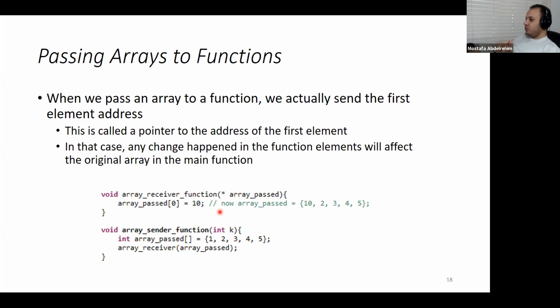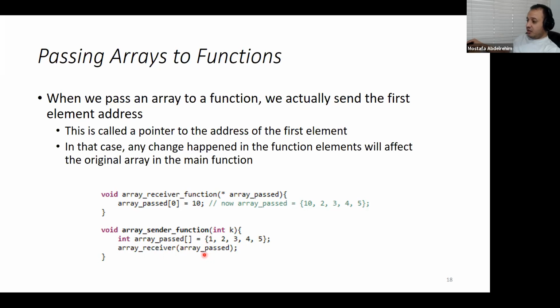So for example, in here, when you do that, you take this and make any normal operation, array passed of 0 or 1, whatever, and change whatever you want. But of course, any change that happens here will affect the original version. So for example, array passed here initially has 1, 2, 3, 4, 5, so location 0 has 1.